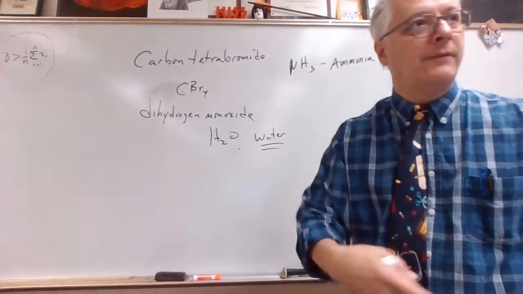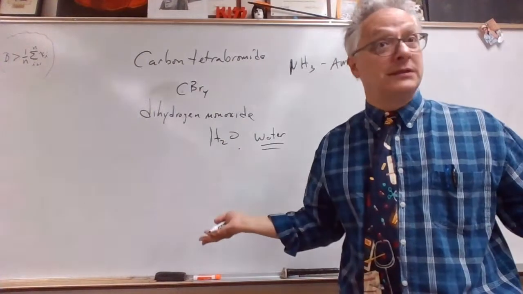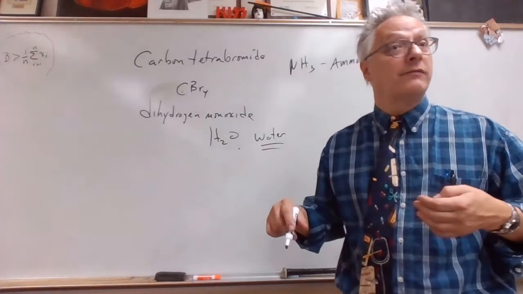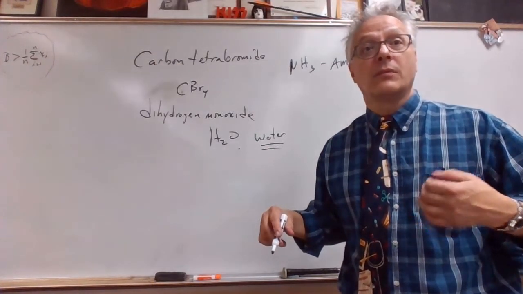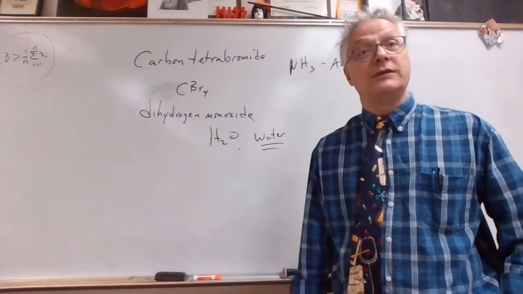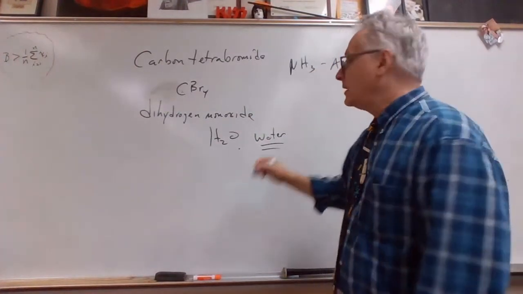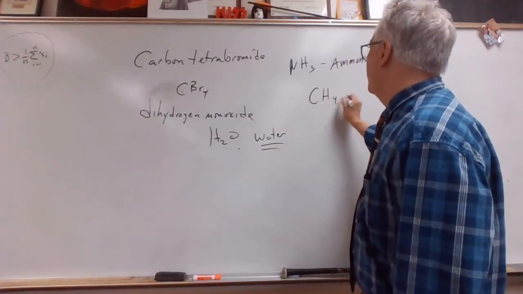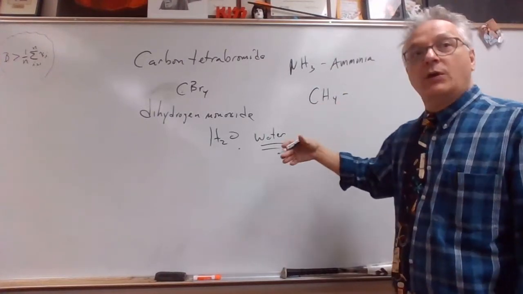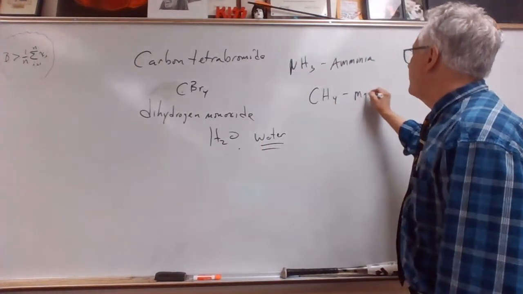You probably buy a solution of it to clean around the house, or if you have litter boxes, if you have cats, that strong pungent smell is ammonia coming up. Maybe it was used as a coolant of sorts. So water, ammonia, and the other one that has a common name, CH4. If you call that carbon tetrahydride, you wouldn't be incorrect, but we have a common name for that, and that's called methane.